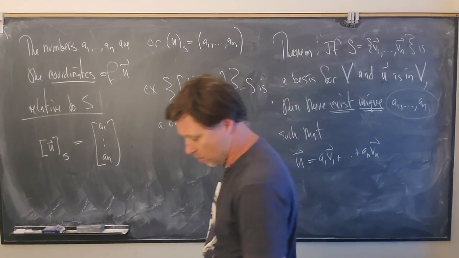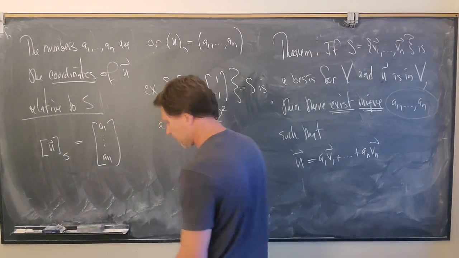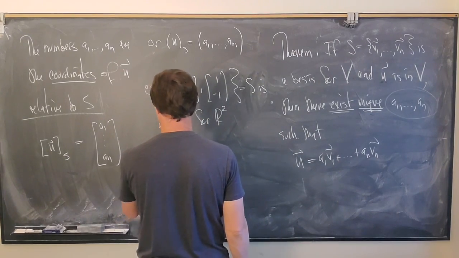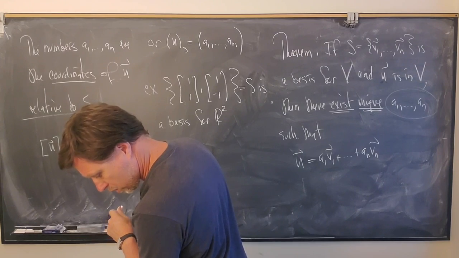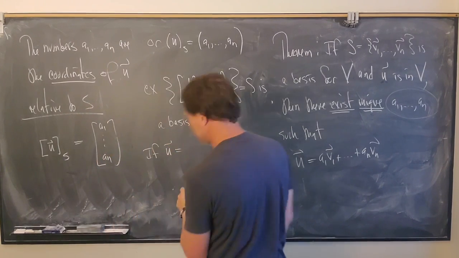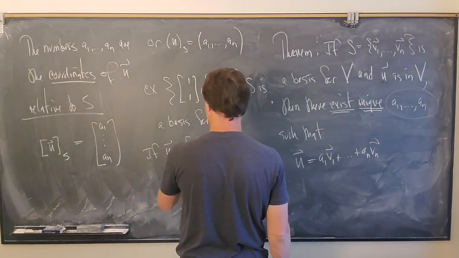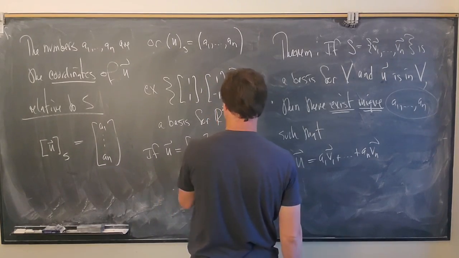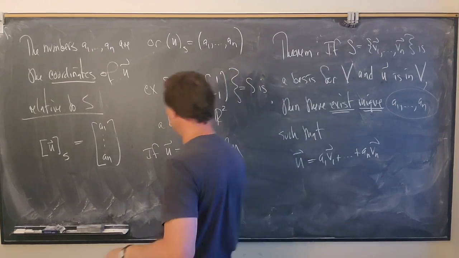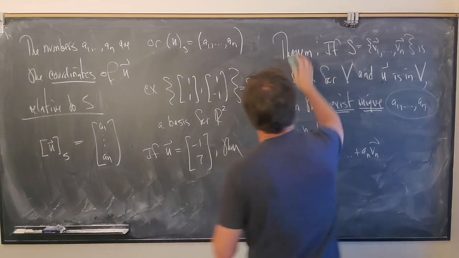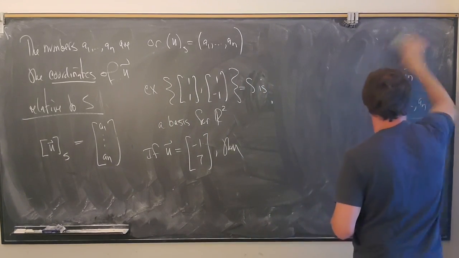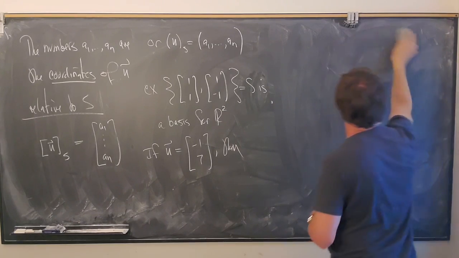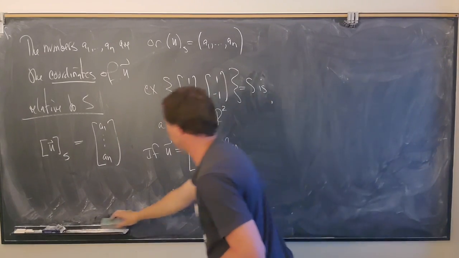And so now, if u is equal to the vector (-1, 7), then you can check.